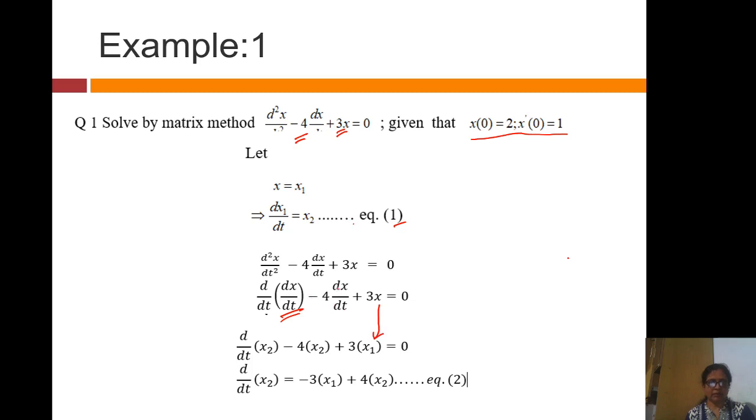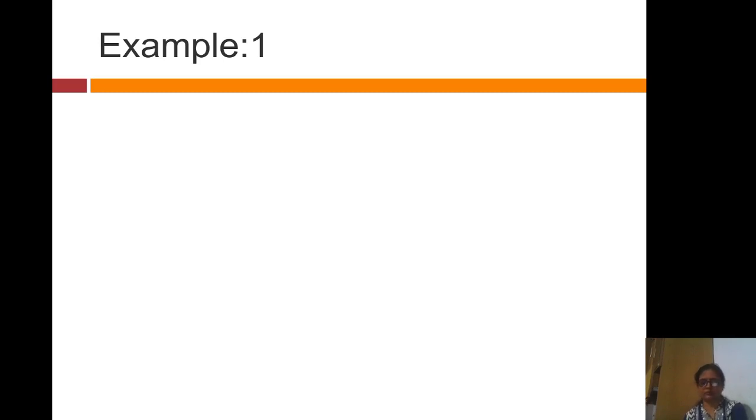Then dx by dt equals x2 by equation 1, so we write x2 here, and again this dx by dt is x2, because x equal to x1, therefore dx1 by dt is x2. Then we shift the second and third terms to the right hand side, and we get equation number 2.